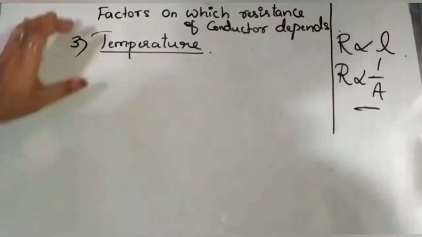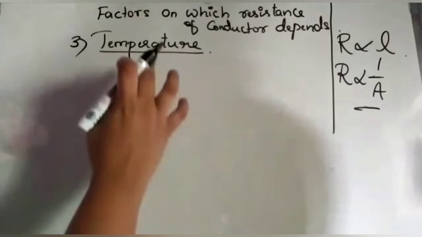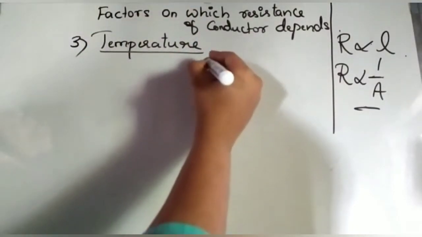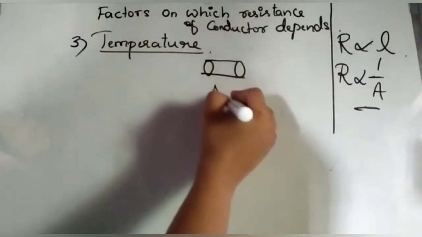The third factor on which the resistance of a conductor depends is temperature. How? Let us take a conductor here. Temperature means I am going to heat this.